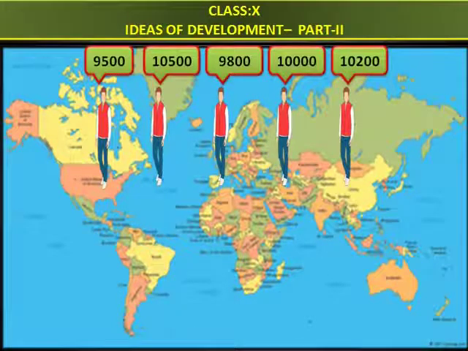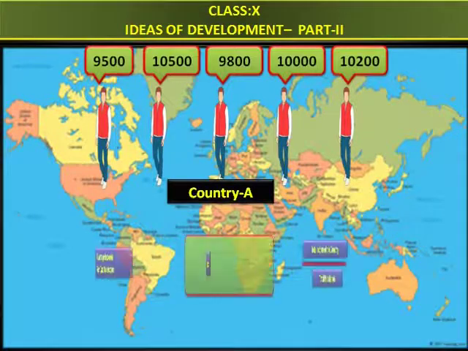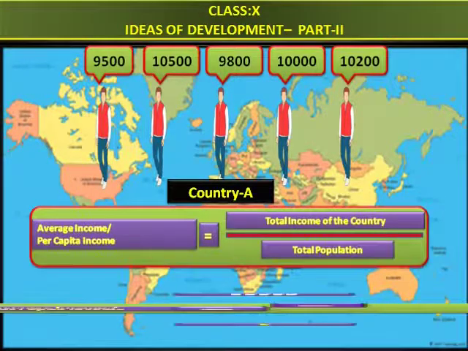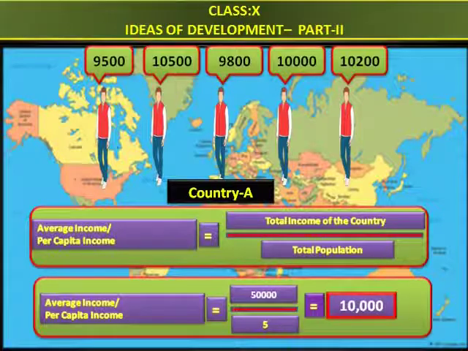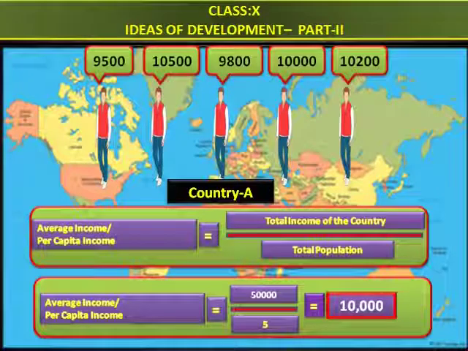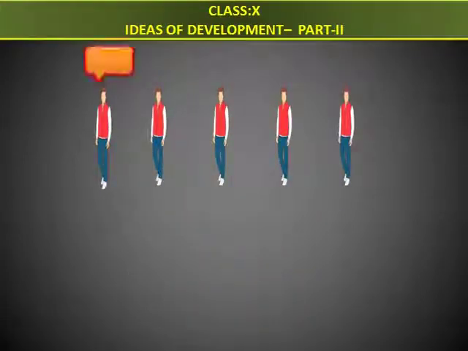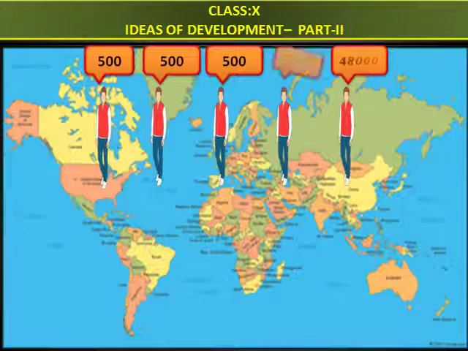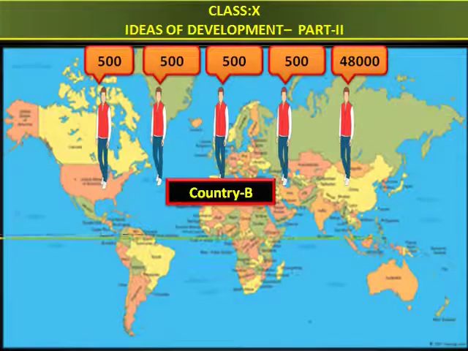Consider a country A with a population of 5 people who have approximately similar income. The average per capita income of country A is 10,000. Now consider a country B with a population of 5 people, where one person has a much higher income than the other 4.